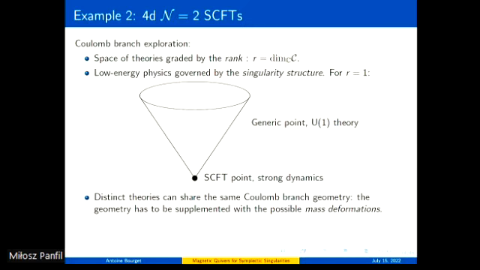So I will give you an example in the simplest case, which is rank 1, when the Coulomb branch has the smallest possible dimension, which is one complex dimension. Then the low energy physics is governed by the singularity. Because it's one-dimensional, there is not much you can do. It's conformal, so it has to be some kind of cone with a point here where the theory is strongly interacting. And then on the generic point on the Coulomb branch, you just have some abelian gauge theory.